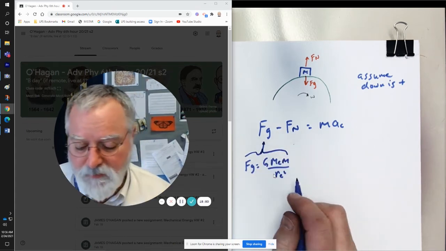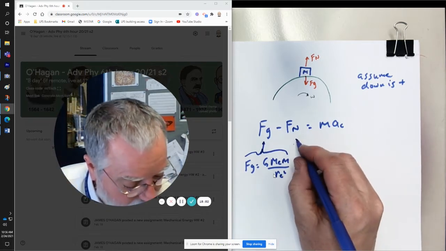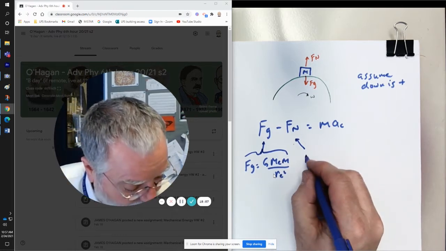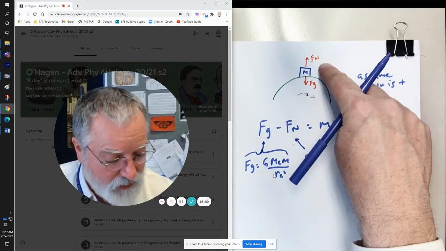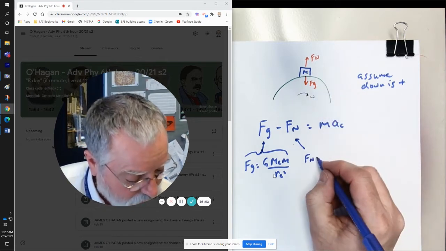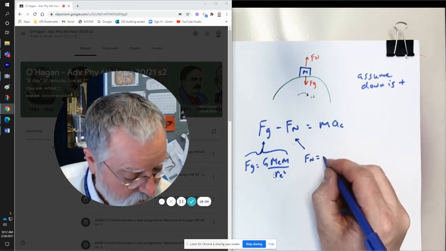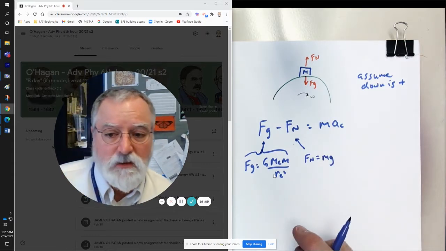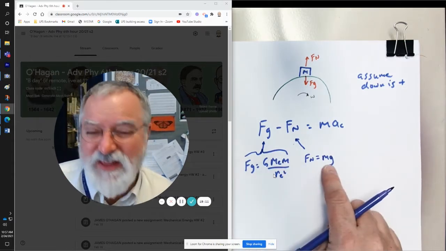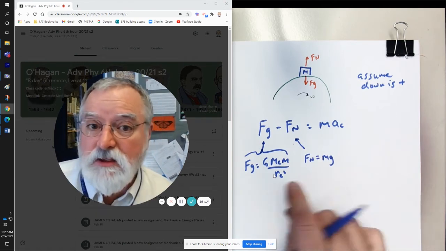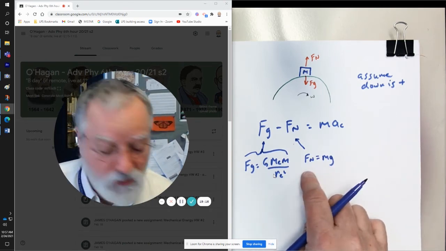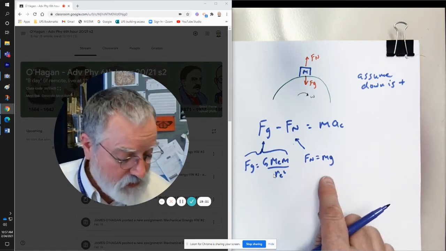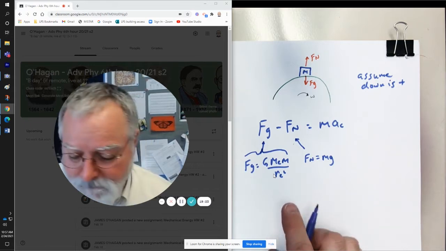The normal force, this is where little g comes in. Although the force normal is not equal to force gravity, force normal is actually equal to mg. So when we said force gravity is mg, that was a lie. But we said, hey, it's a flat surface, and the normal force equals force gravity, and that's mg. That was actually the truth. So the normal force is this mg part.